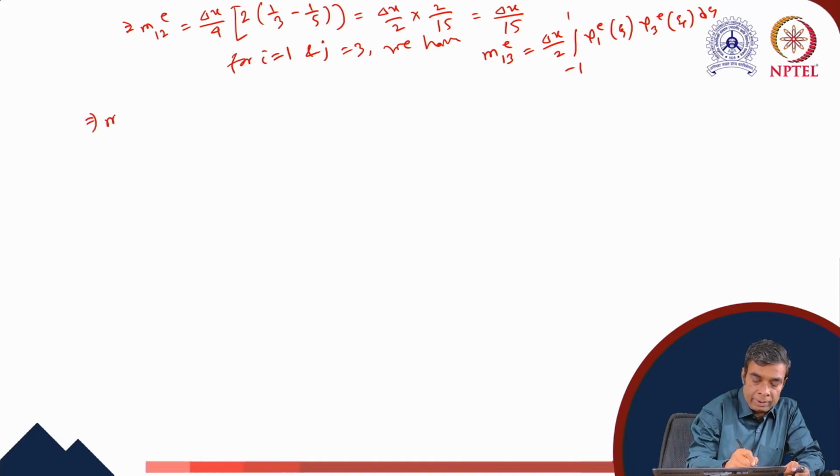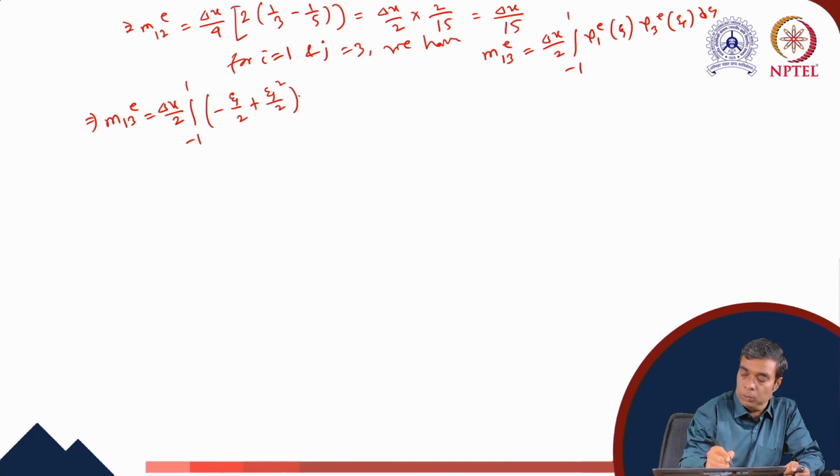This gives us M13^e equals Δx by 2 integration from minus 1 to 1 of minus ξ by 2 plus ξ square by 2, and here we have ξ by 2 plus ξ square by 2 dξ.